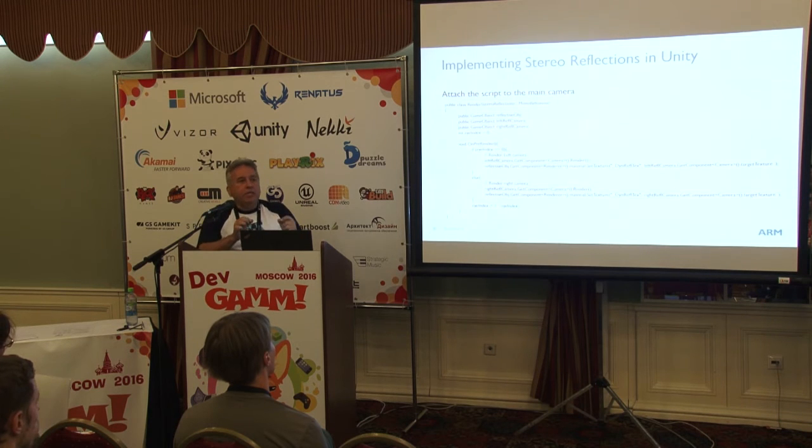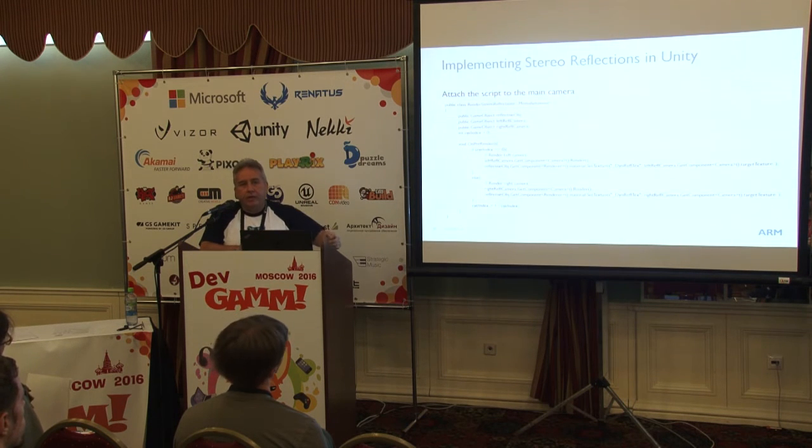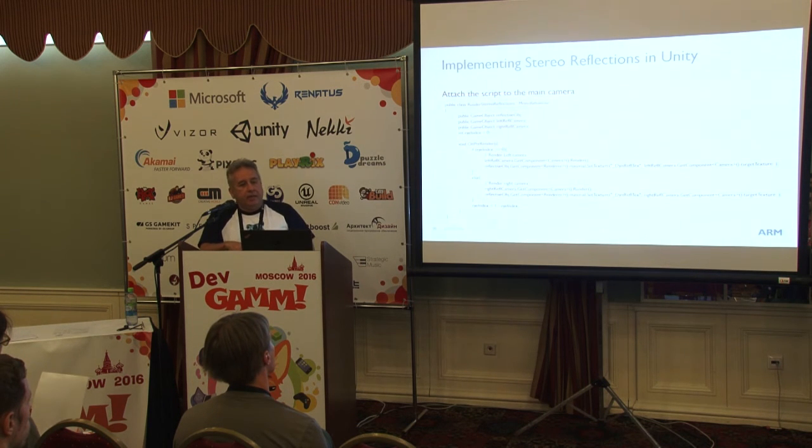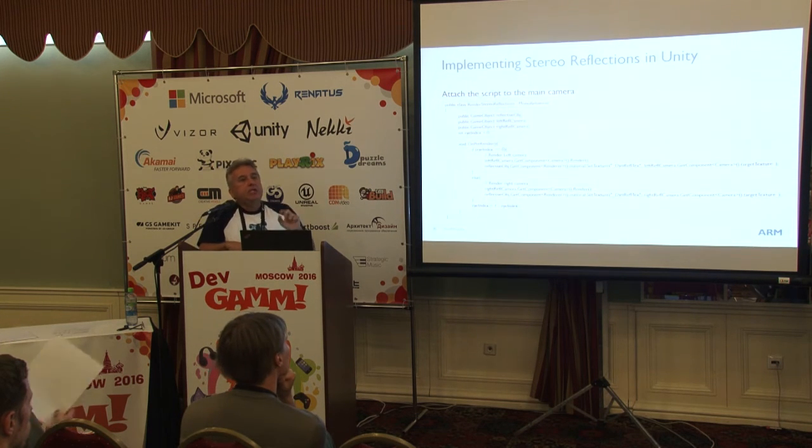We need to synchronize our reflection cameras with the main camera. Again, in this script we are using the onPreRender callback of Unity. This function is called by Unity twice every frame, just before the main camera starts to render your frame. The first time it is called, it's for the left eye.